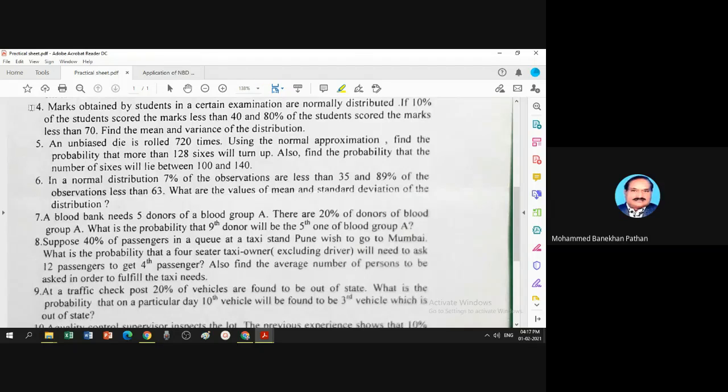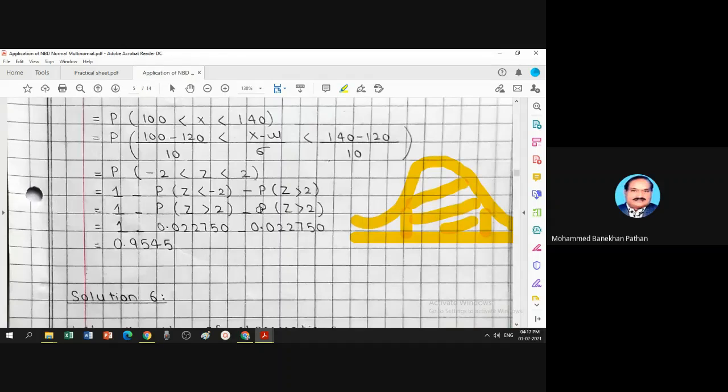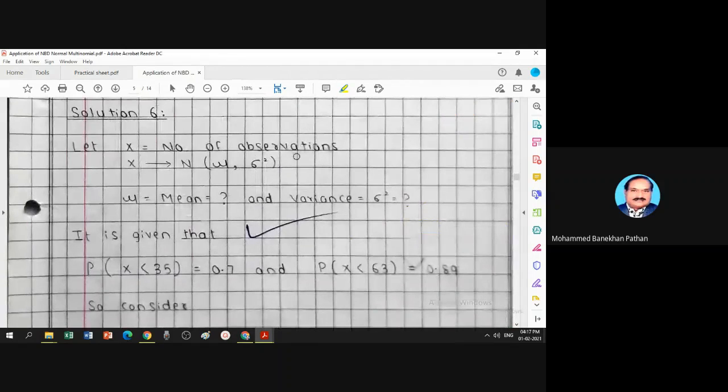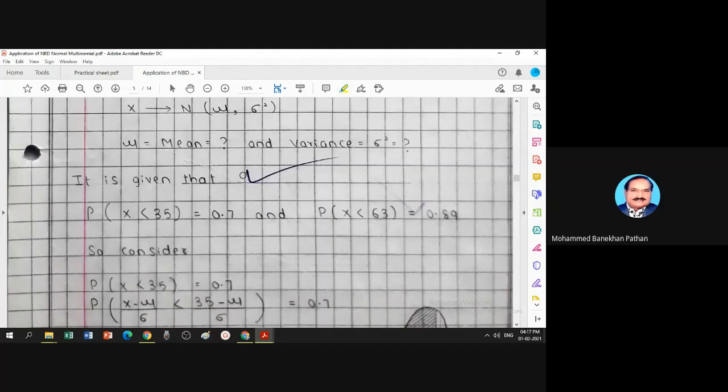Exactly same as question 4, but here the variable is marks and this is in general. Observations you label as capital X and then proceed exactly same as 4. X follows normal (mu, sigma square). Mean is not given, variance is not given, but probability statements are given.